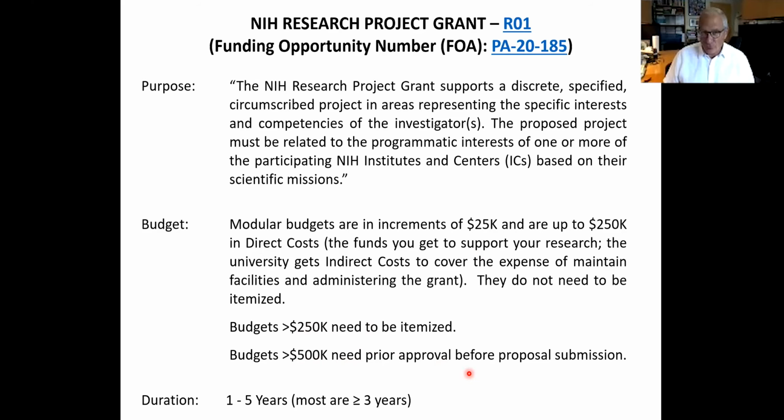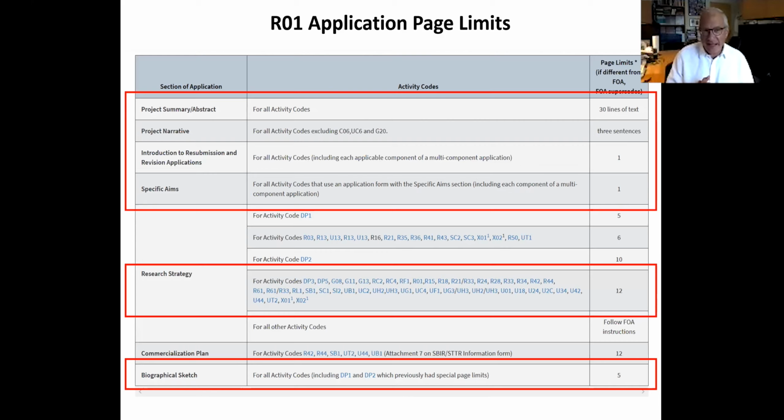You'll see it takes a lot of effort to write these. You're not going to want to ask for just 1 year, but sometimes that's all you'll get. Now, for all kinds of NIH grants, there are page limits that vary. For the R01, it's not any different.